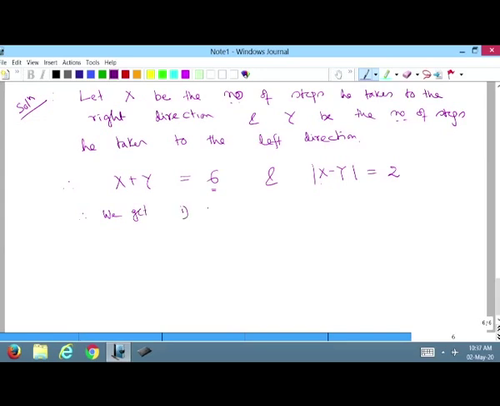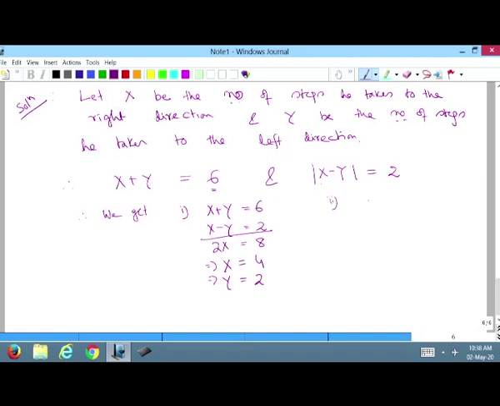One pair of equations is x plus y is equal to 6 and x minus y is equal to 2, which implies 2x is equal to 8, which implies x is equal to 4, which implies y is equal to 2.